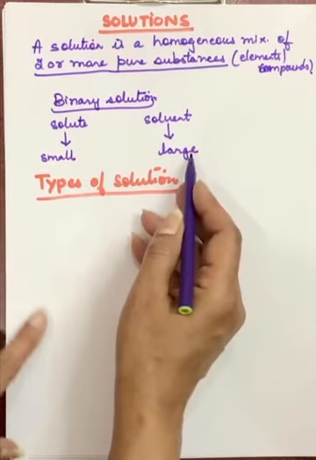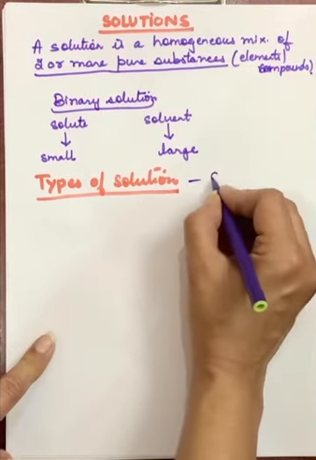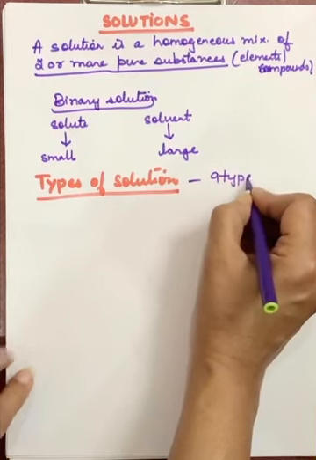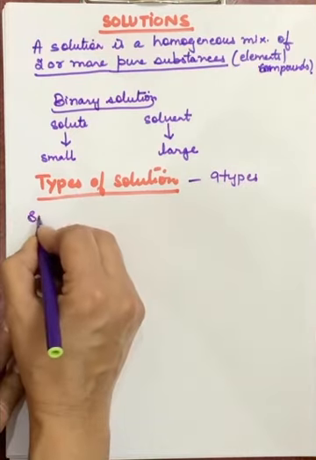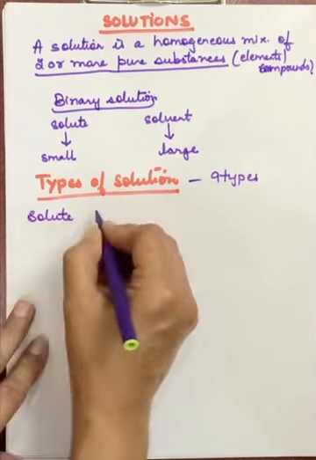Depending on the physical state, solutions are of 9 types. So, physical state of solute, then we have the physical state of the solvent, and then name of that solution and example of these solutions.